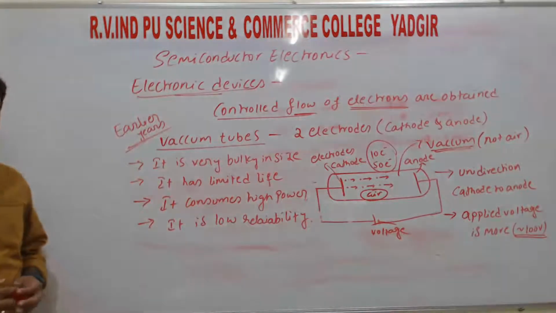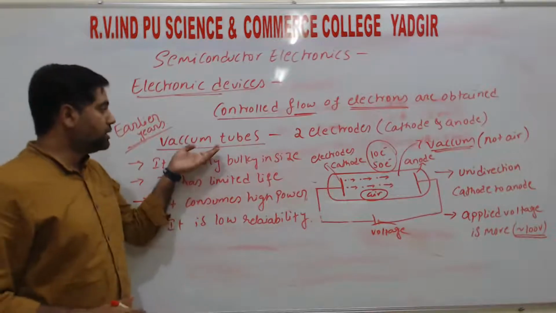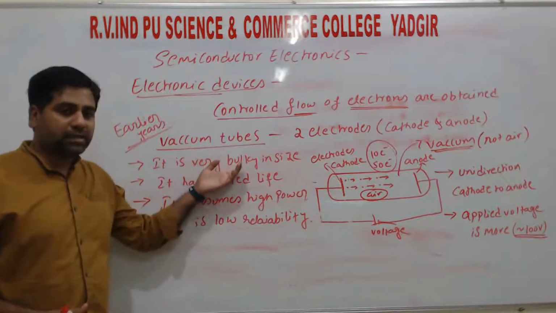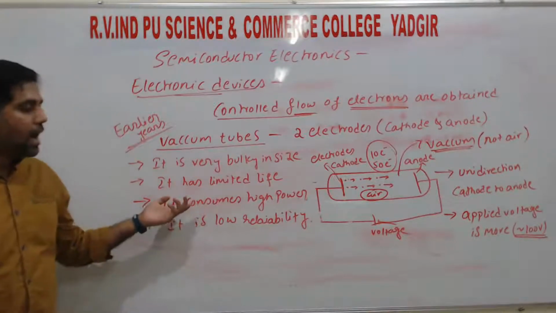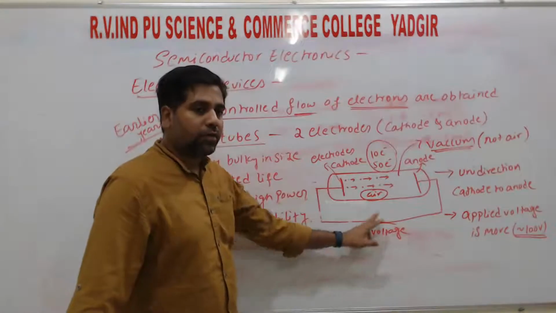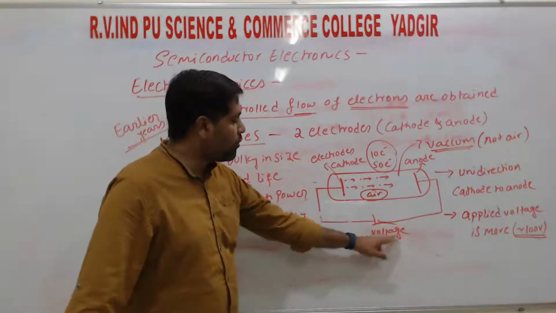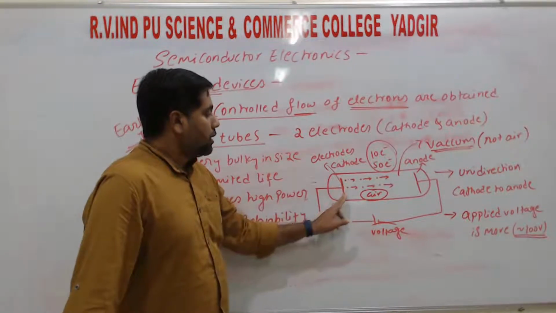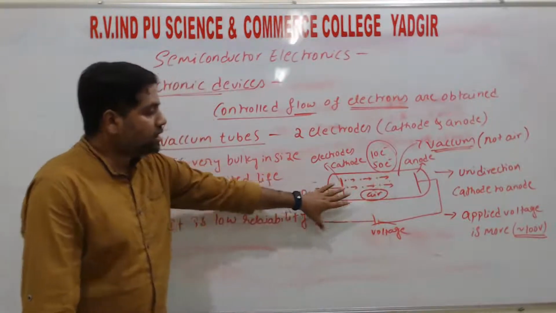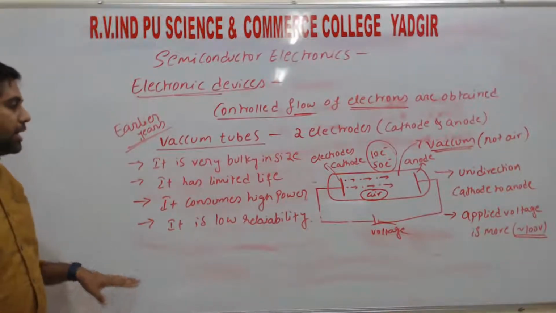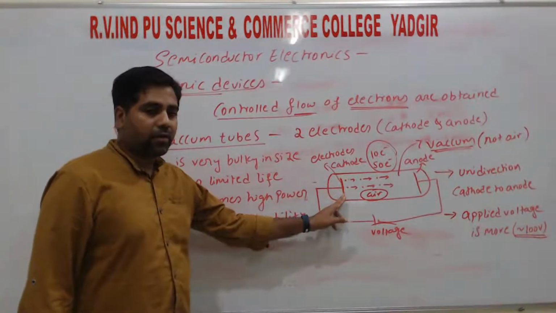In the earlier years we used these vacuum tubes. These vacuum tubes are very bulky in size and consume the highest power, because we need to supply more voltage. If we are supplying more voltage, it means we are applying more power, right? Then the electrodes used in the vacuum tubes have very low reliability and a limited life, right?